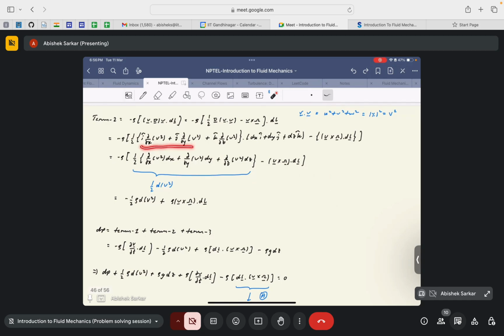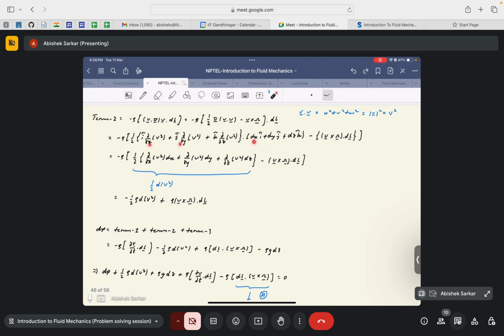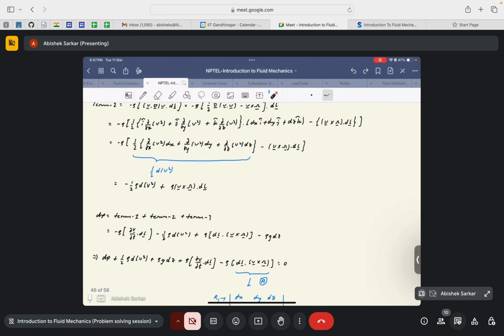Again if you simplify it further, you will be left with a simple dot product between two vectors. So this will operate with this, and this will operate with this. Then we will be left with rho times half of dou by dou x of v square dx plus dou by dou y of v square dy plus dou by dou z of v square dz, minus this term that is left as such.